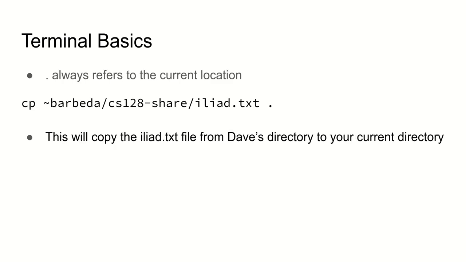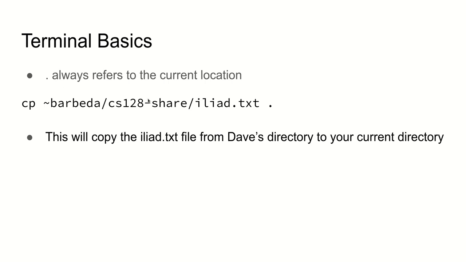A single dot always refers to the current location. So for instance, we can use the cp or copy command to copy a file. Here what we are doing is we are saying copy this long file. You'll notice that it's relative to Dave's home directory, a subdirectory of that, and then a file name.